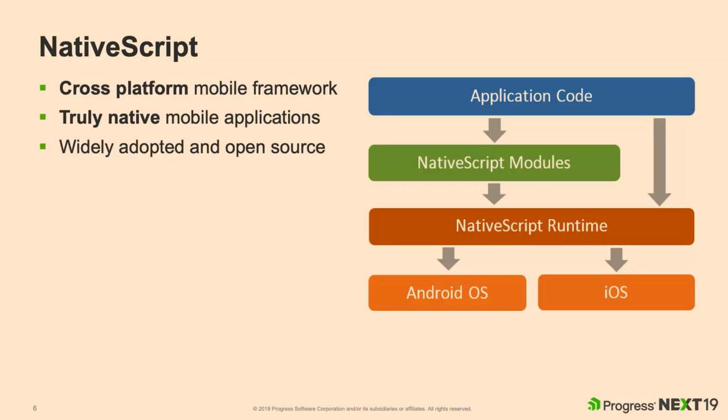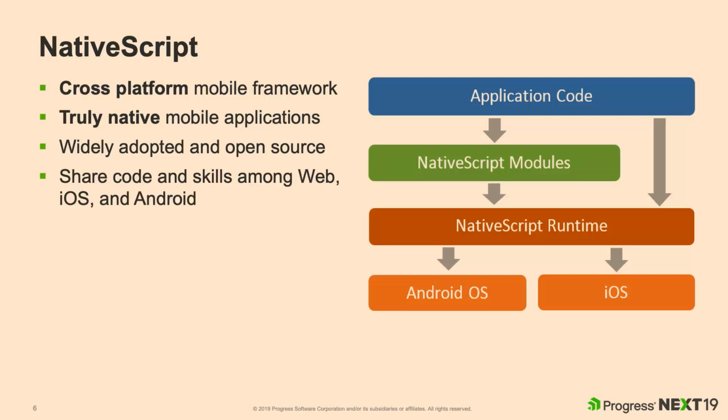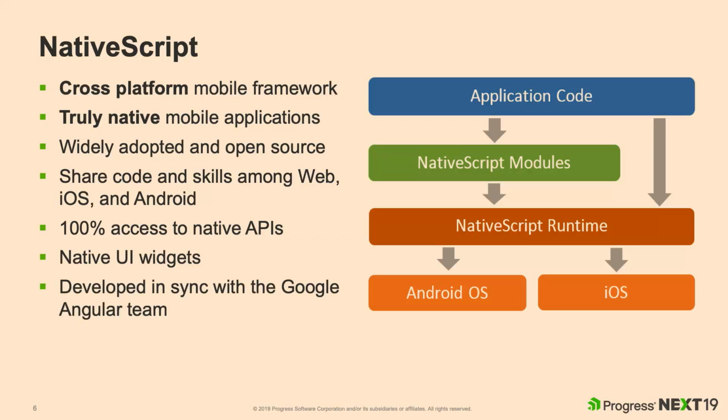It's open source and widely adopted, and it's based on JavaScript, so you can share as much code as you want with your web, iOS, and Android applications. One of the main differences between NativeScript and the other mobile frameworks is that NativeScript gives you 100% access to the native APIs, and it also does not run in a web view, but creates truly native UI widgets.